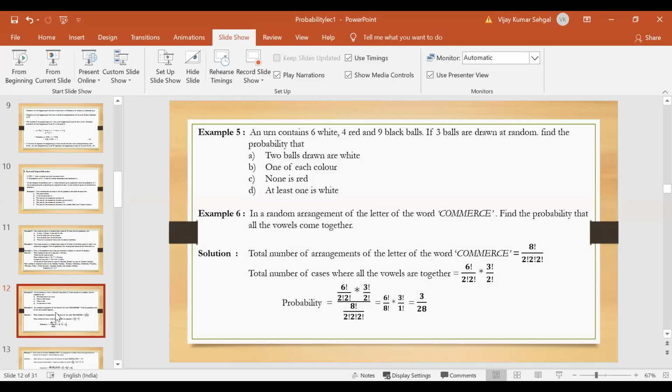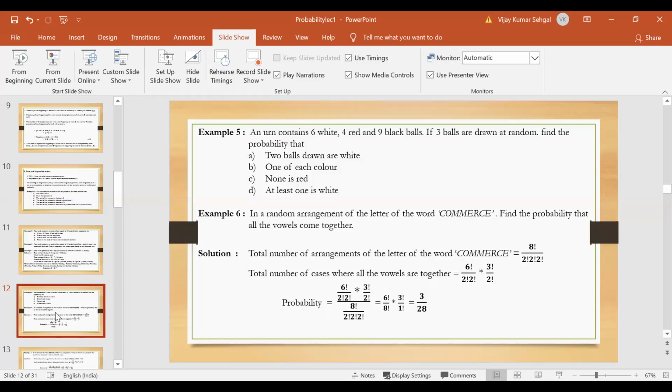One white ball means one from 6, so 6C1 into, and the rest two are from red or black, so 9 plus 4, 13C2, divided by 19C3, plus two white balls, 6C2 into 13C1 divided by 19C3, plus all three from the white balls, so 6C3 divided by 19C3. So add them, and we can get the probability of at least one white ball.